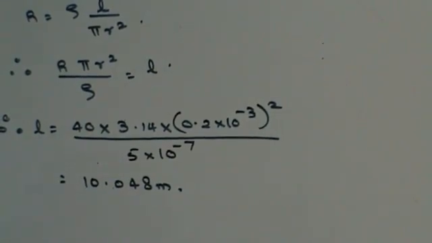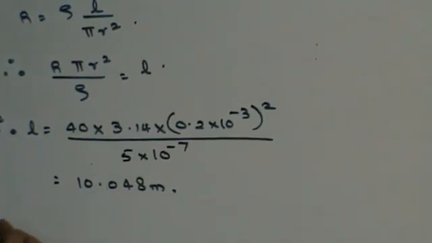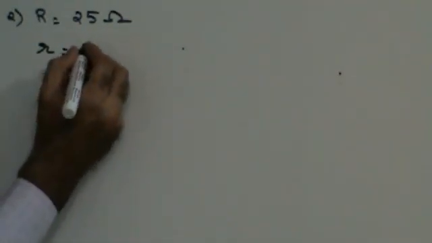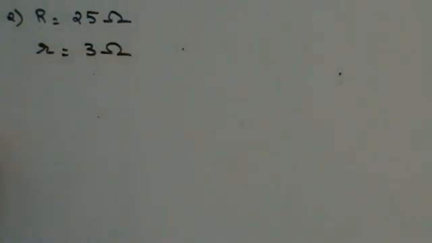A resistor of 25 ohms is connected to a cell having an internal resistance of 3 ohms.